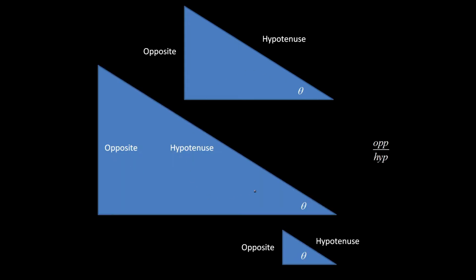Let's go back to our picture of the 3 right triangles. I'm labeling the opposite and hypotenuse on all of these right triangles. And this ratio, the opposite divided by the hypotenuse, is exactly the same for all 3 of these right triangles.